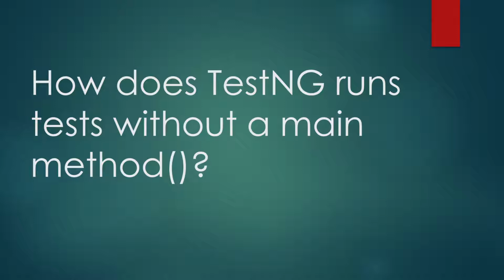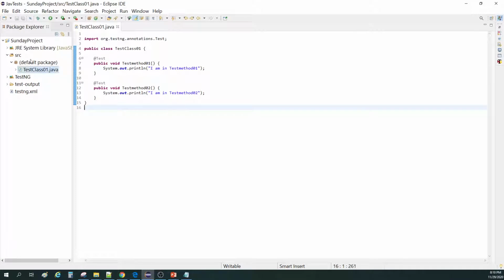So let's quickly start. In the morning, what we did was we executed our test. Let me open this. Okay, so this was my Sunday project, and this was my class file. This has TestNG annotations, and I converted this project to TestNG, which created the TestNG XML.